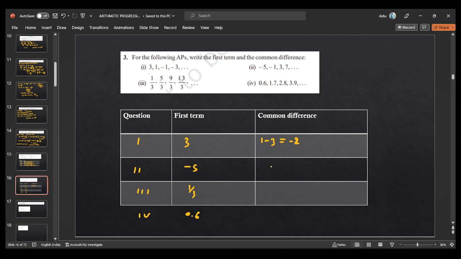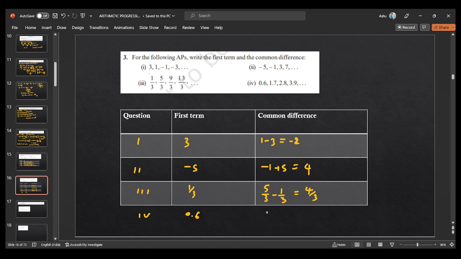And here, minus 1 plus 5 will be 4. So common difference will be 4. Now 5 by 3 minus 1 by 3 will be 4 by 3.